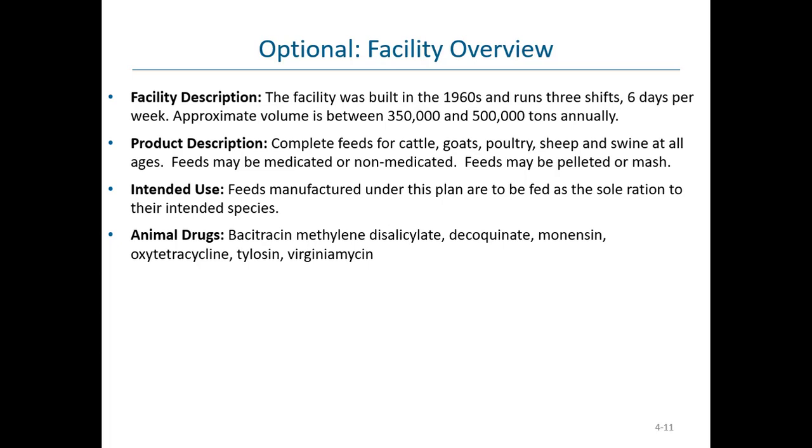So for example, most investigators, when they come into the facility, their brain will automatically start, or even their hand will automatically start creating a list of hazards that they think are known or reasonably foreseeable within your facility. And so instead of them sitting down and asking you 150 questions to get that list, you can give them this one sheet of paper with this information on it, and that will help them start to create their list of known or reasonably foreseeable hazards.